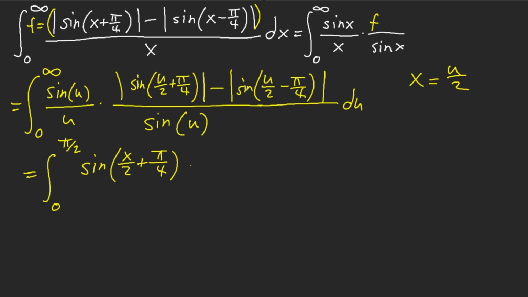So that means that we are switching. This would come out negative, which cancels out this negative. Right, because on the interval from 0 to pi over 2, this is a negative. So taking the absolute value will cancel out the negative here.